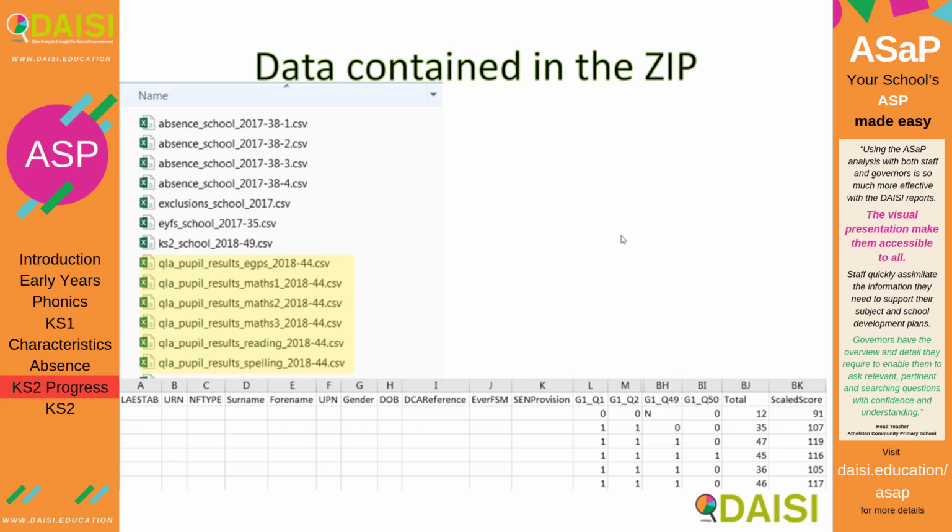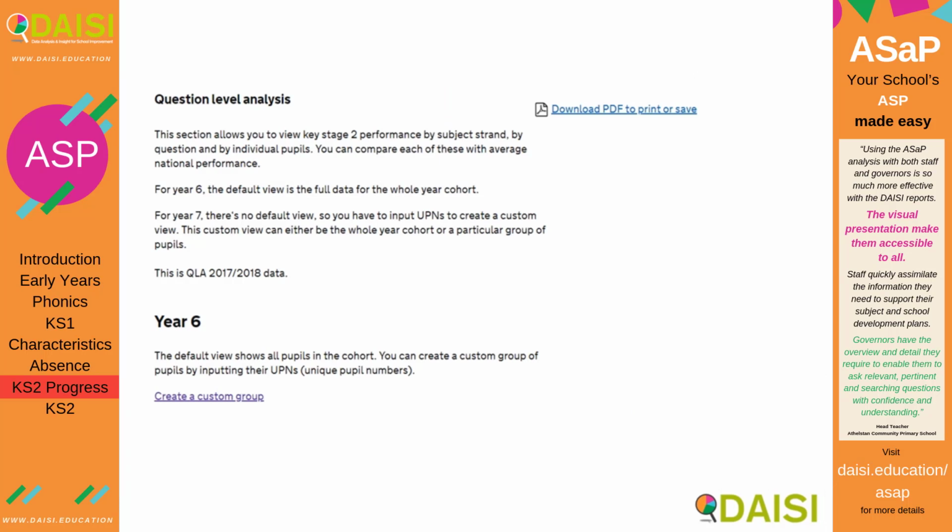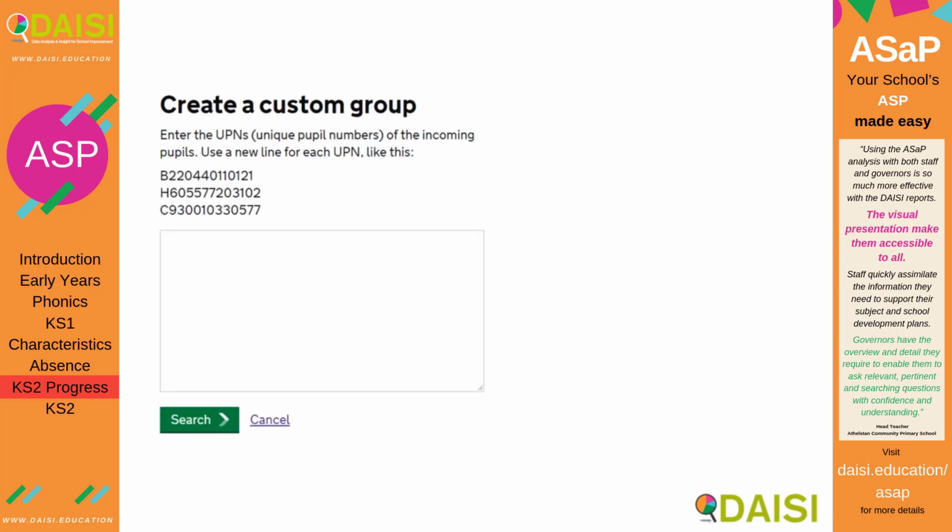Just like with the rest of Key Stage 2, there's also a form of data management included. This is called creating a custom group, and it's slightly different. Instead of all of those tick boxes, you have to enter their UPNs. The reason why the DfE has chosen that is for Year 7 incoming, so secondary schools.